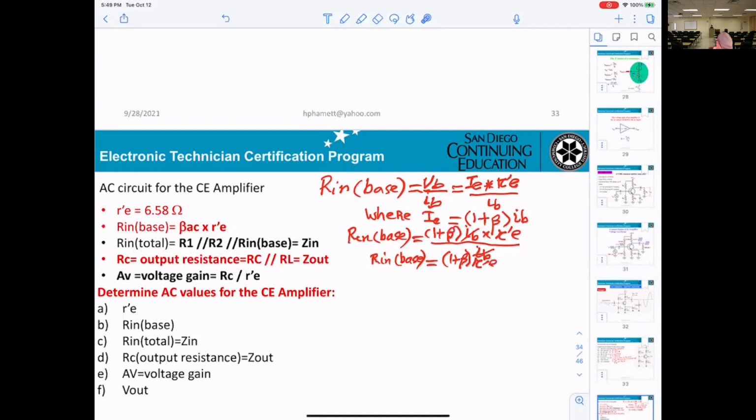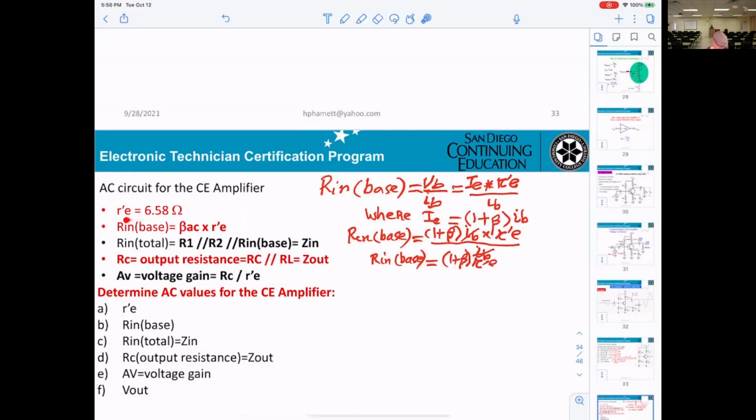However, they use beta AC. In the case they give you beta AC, use it. If they don't, then you can just use the beta. Okay, it doesn't matter. That is just to prove the formula for the R in base.